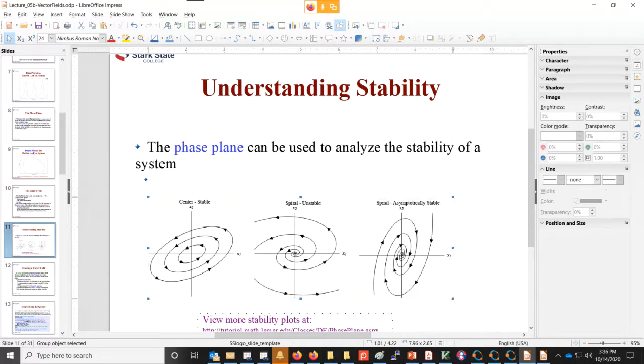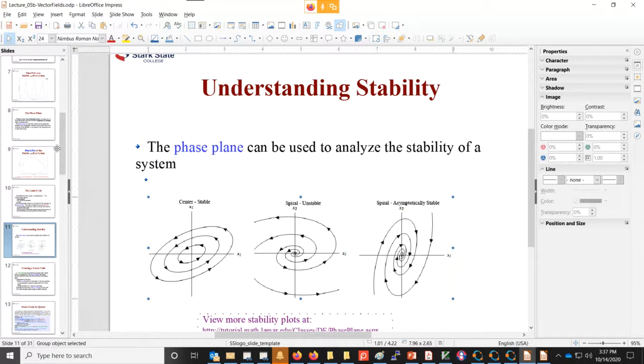With a stable system, like the left one over here, you're stable, but you're not constant. You're constantly changing, but you're going around in a circular sort of motion. So it's stable but moving.